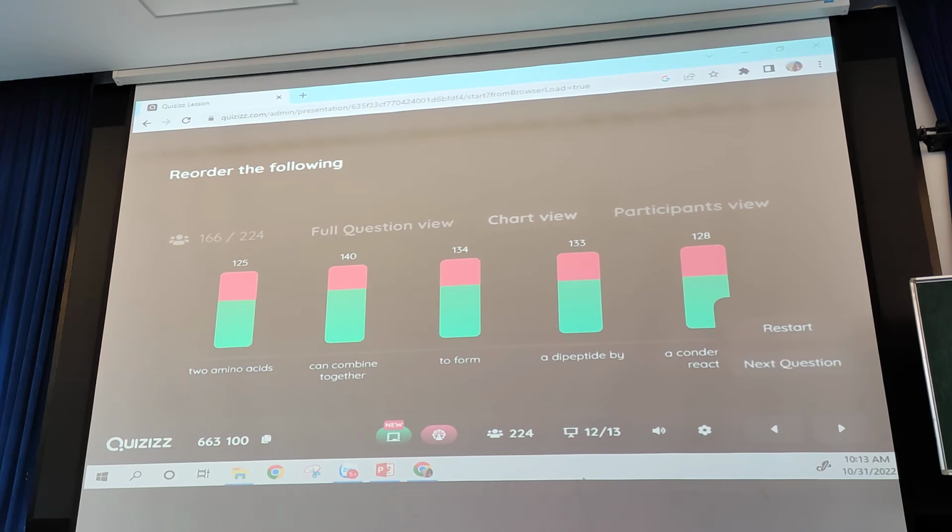For these results, this means that at least more than 100 students have the correct answers, right? I think there's a problem when I define the point here. Okay, we move to the next question.